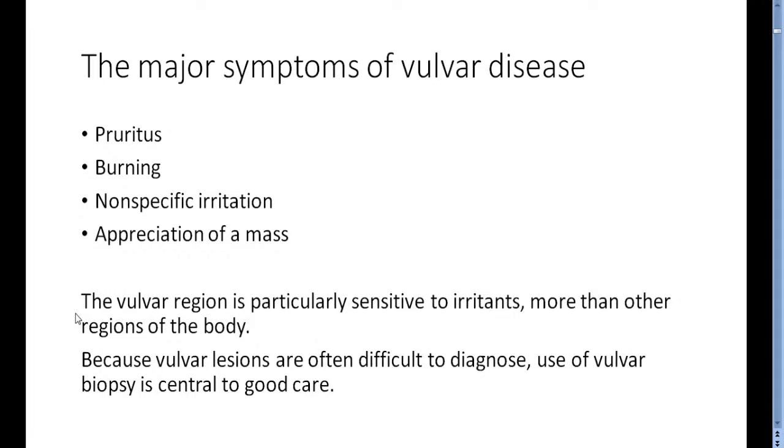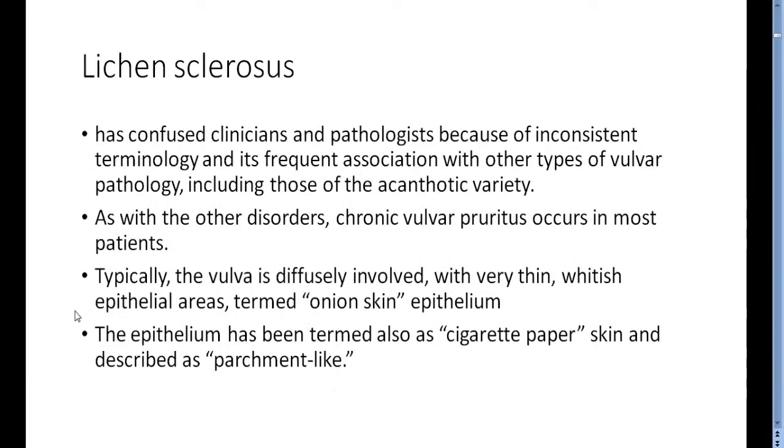Because vulvar lesions are often difficult to diagnose, biopsy of the vulva is central to good care of female patients. What is lichen sclerosus? It is very often confused by clinicians and pathologists because of inconsistent terminology and its frequent association with other types of vulvar pathology, including those of the acanthotic variety.